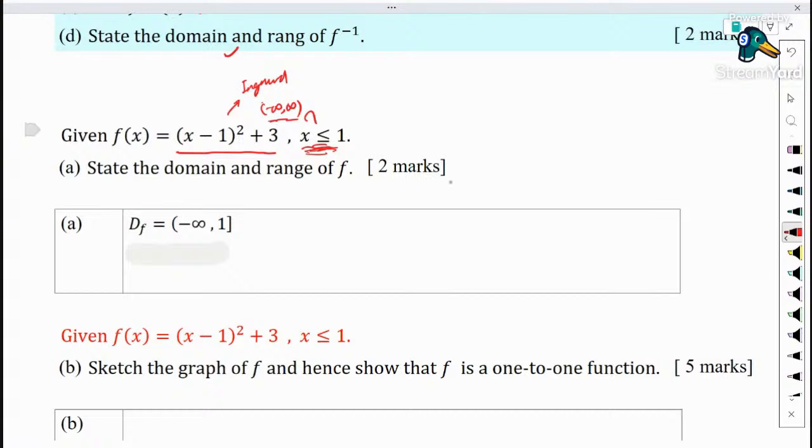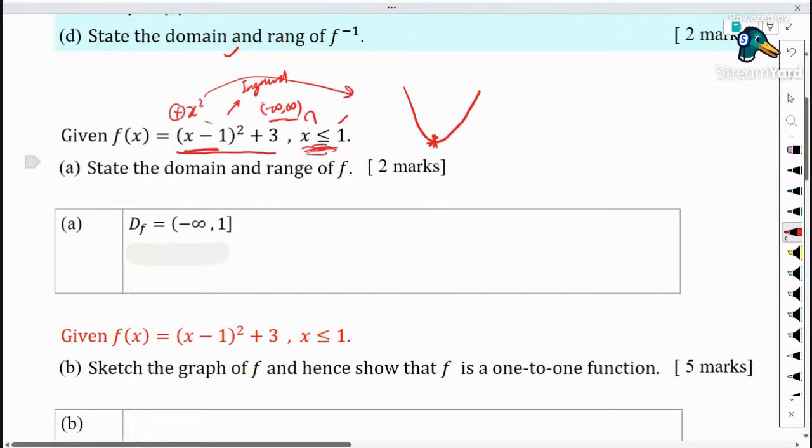So I know I have a case of quadratics. If I expand this, I find that I have a positive x squared, which tells us that the shape of the graph is a smiling shape graph. And this graph has an important point, which is the minimum point. For the x coordinate, I take the content inside here, x minus 1 equal to 0, so x equals 1.